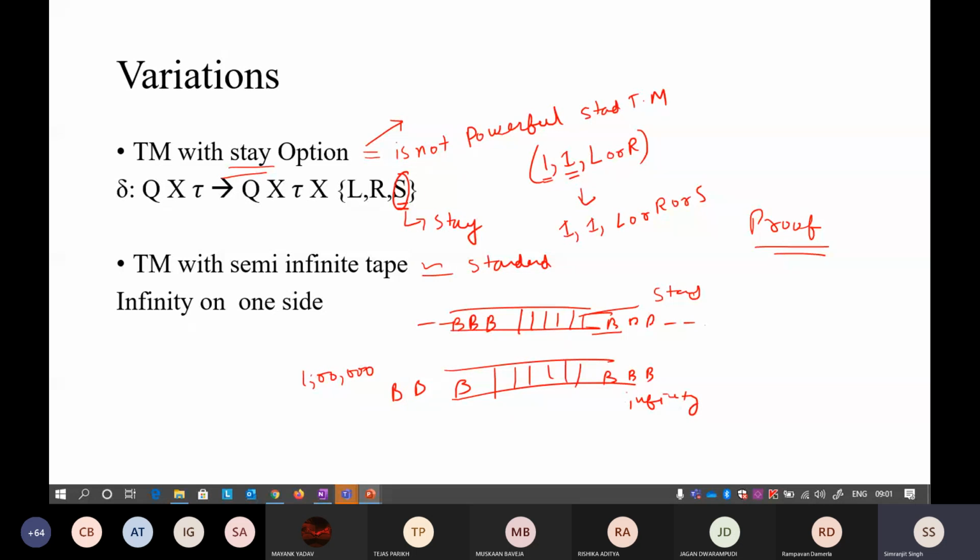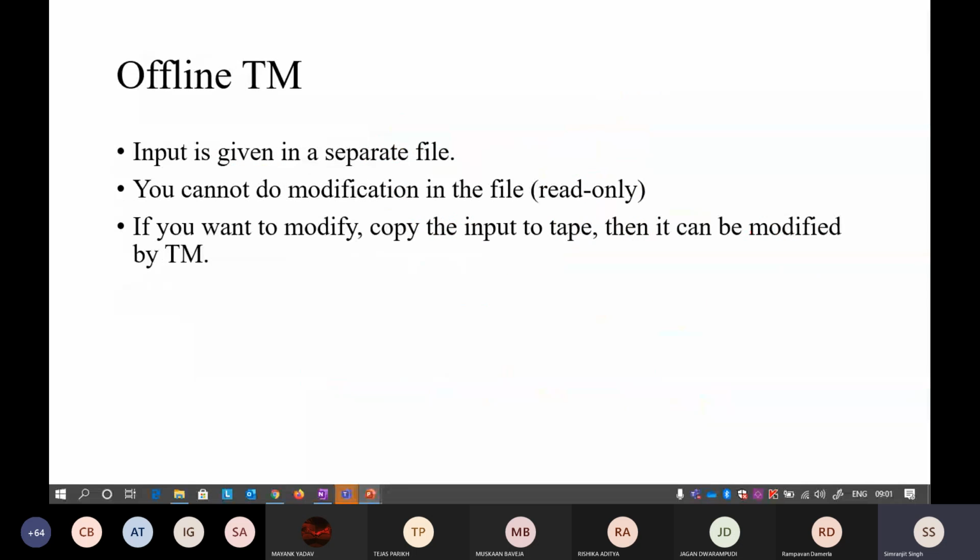But if you still want to see it for your own reference, you can refer to Peter Linz's book. In that book there are three Turing machines, I think: the offline Turing machine, the multi-dimensional Turing machine, and another one. Three proofs are given, so you can refer to those.